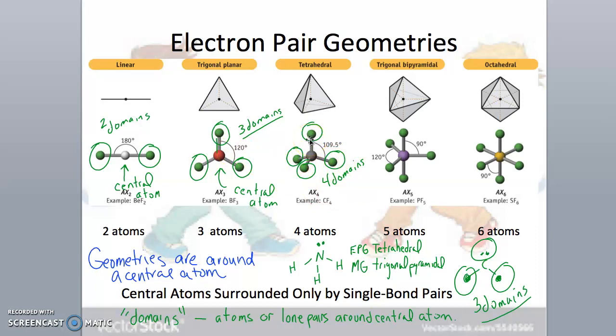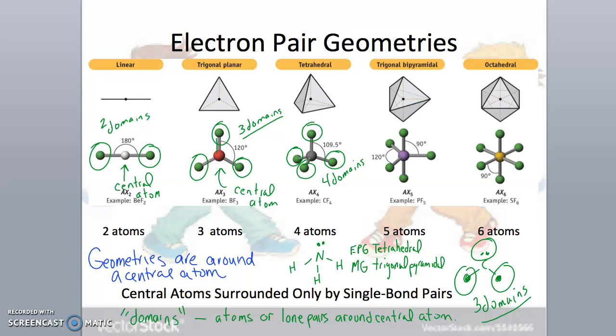This example, 4 domains. Notice in each of these examples we don't have lone pairs, and lone pairs would also count as domains, but we'll get there. 4 domains, this is where we start to get 3-dimensional, and we get this tetrahedral arrangement. It's called tetrahedral, and the bond angles here are 109.5 degrees, and you'll just have to take my word on that one. Think about this in 2 dimensions.